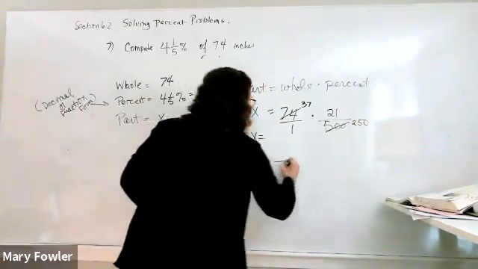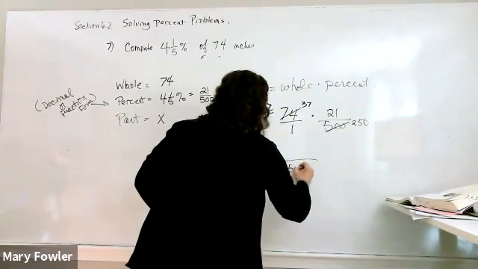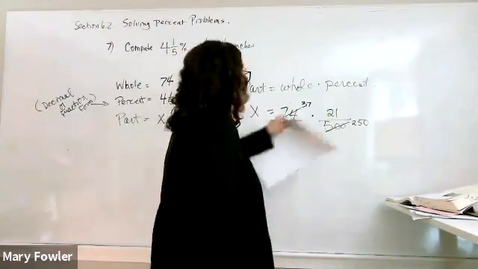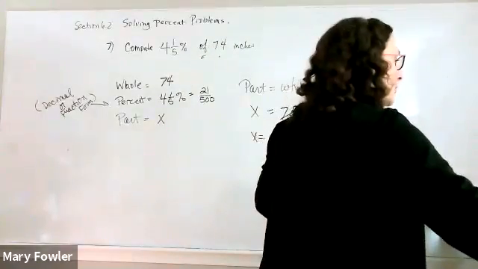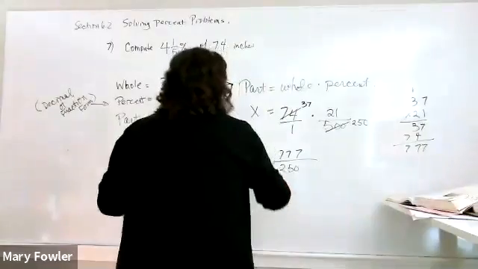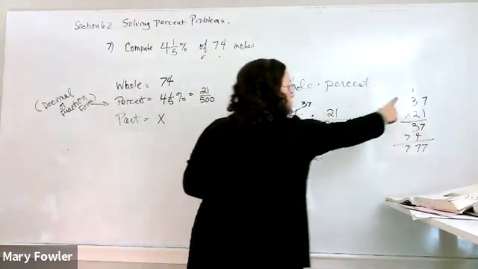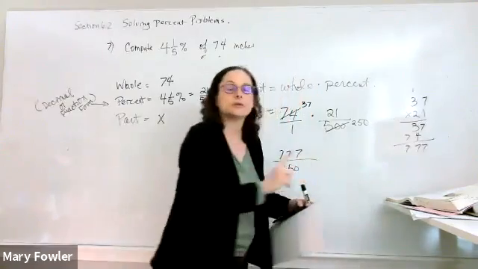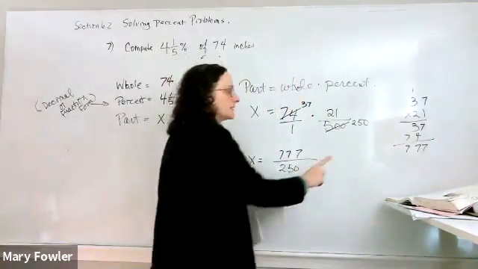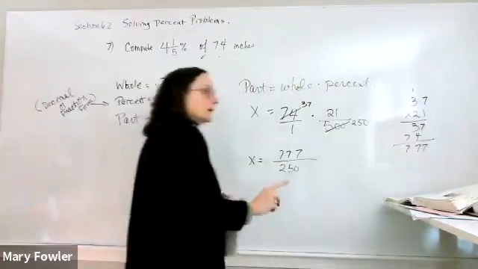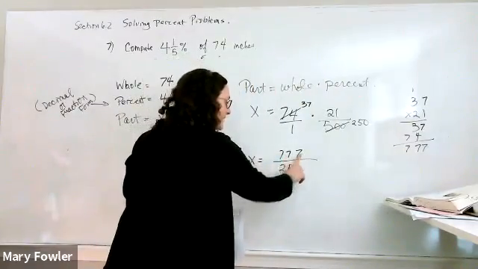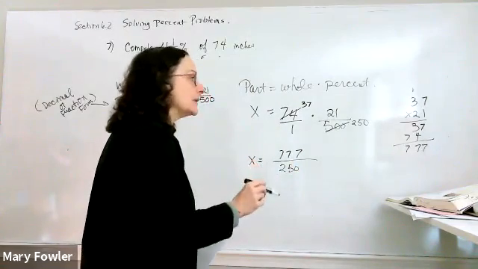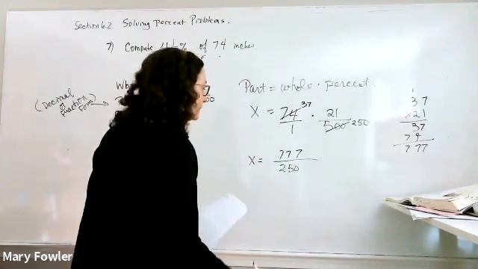So what I have here is 250 times, in the numerator, 37 over 21. Okay, so the numerator is 37 times 21, and I have the long multiplication presented over there on the side of the board, and we get 777. So x is 777 over 250. And now we need to do that division problem.